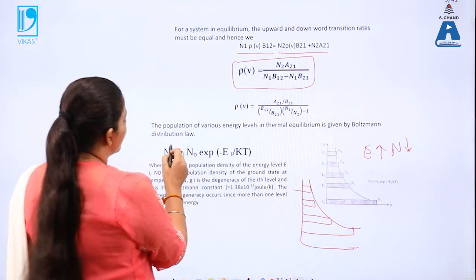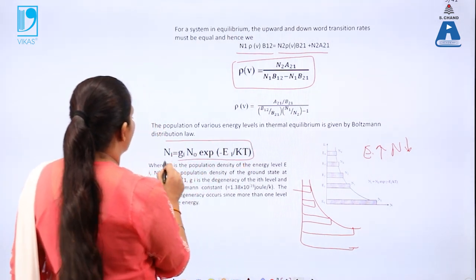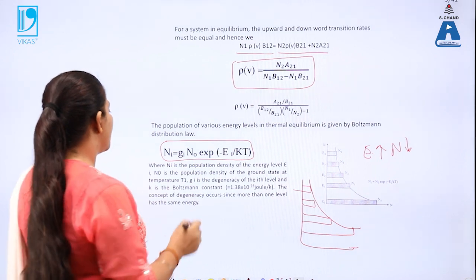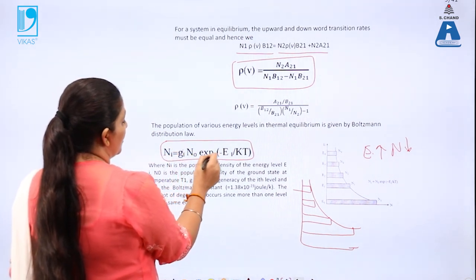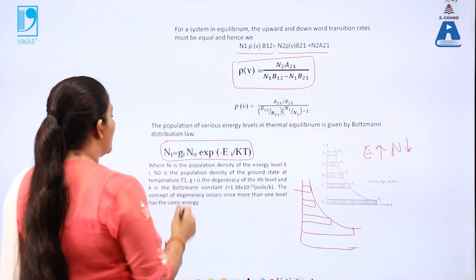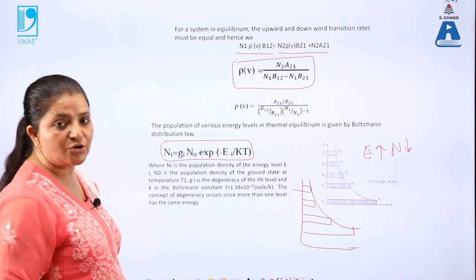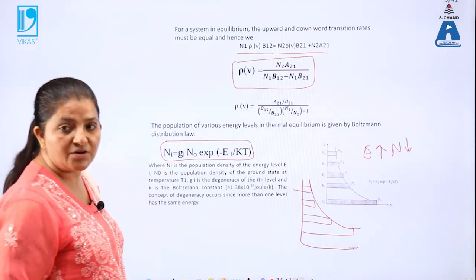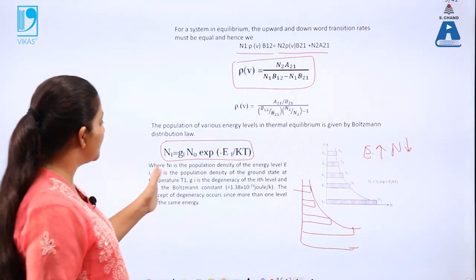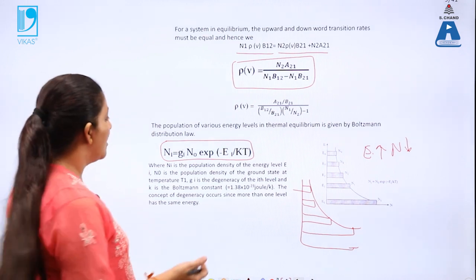Now according to the Boltzmann distribution law, Ni is given by N0 Gi times exp of minus Ei over kT, because this belongs to the ith state. Ni is the population density, or the number of atoms present in the ith level.